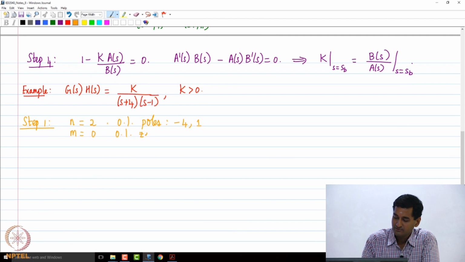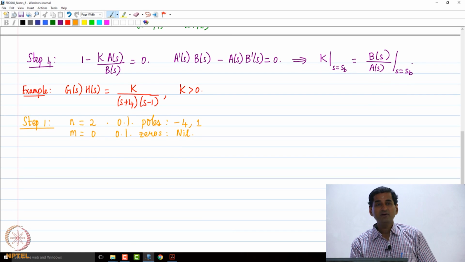There are no open loop zeros. Consequently, we are going to have 2 branches starting from -4 and 1 as k tends to 0, and the 2 branches of the root locus will go to infinity along asymptotes as k tends to infinity. So that's what is going to happen.